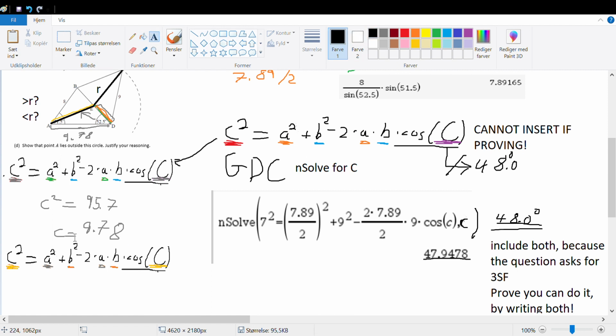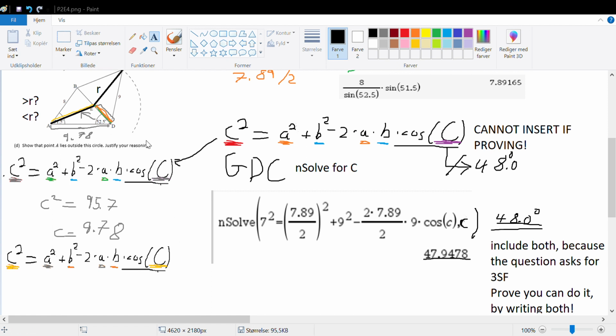Now all we've got to do is go into the calculator and do it again. We say this squared, the one that we used before, and then we simply say 7.89 divided by 2 squared, then minus 2 times, once again, the same number, then times 7.89 divided by 2, then times cosine. This time, the angle we're going to be using is 52.5.